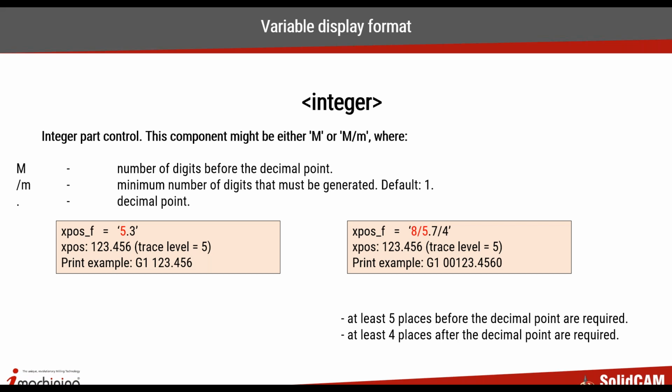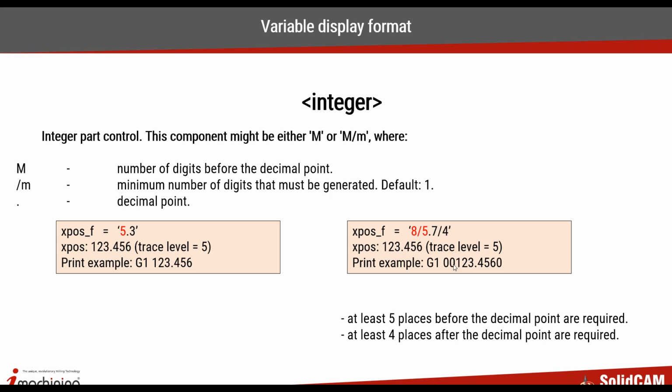But if we add a slash and define another number, it states, like here says, the minimum number of digits that must be generated. So in the example, if you have 8 maximum digits and 5 minimum digits, but here are also 3 digits in our coordinate, it will print the zeros.